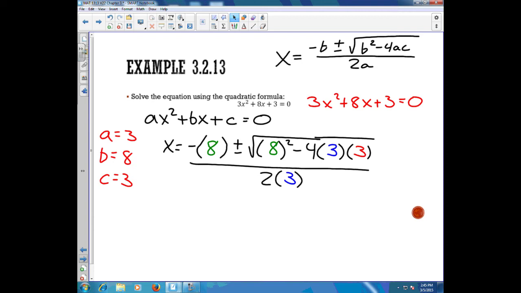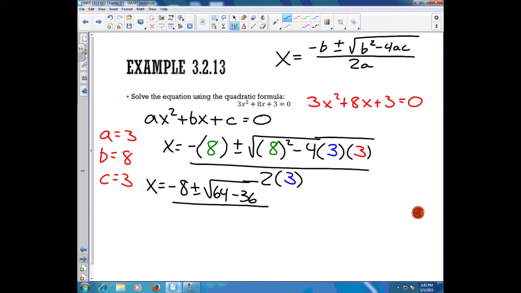Multiply everything out, work through all the math. We get negative 8 plus or minus the square root. 8 squared is 64 minus 4 times 3 is 12 times 3 again is 36 over 2 times 3, which is 6.